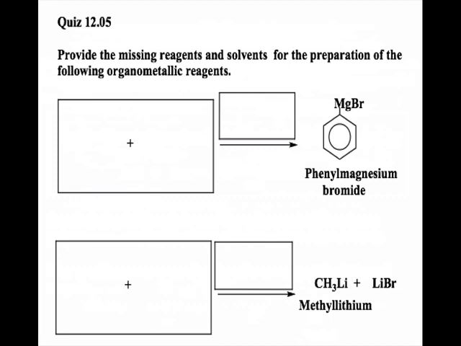Okay, so diethyl ether. And what else do we need? All right, so I need bromobenzene. And I need magnesium. So magnesium plus bromobenzene gives me the phenylmagnesium bromide.